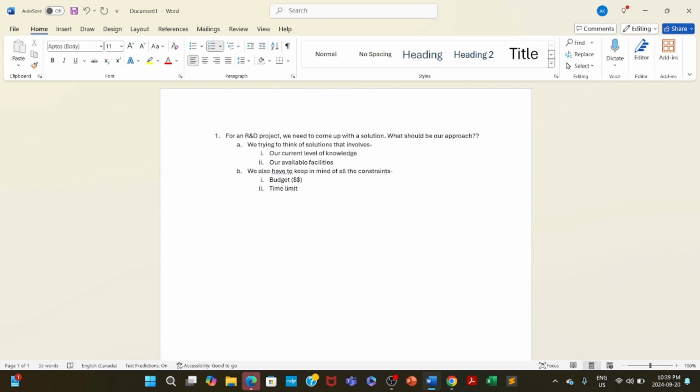So again, if we review this, we are provided an R&D project where we have to come up with a solution. So what would be our approach? First thing is we try to think of solutions that involve our current level of knowledge and our available facilities.